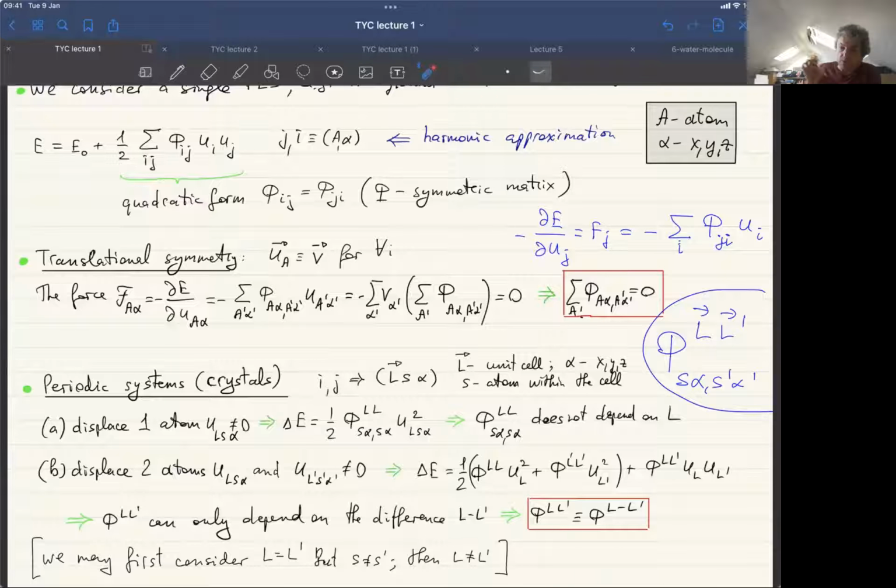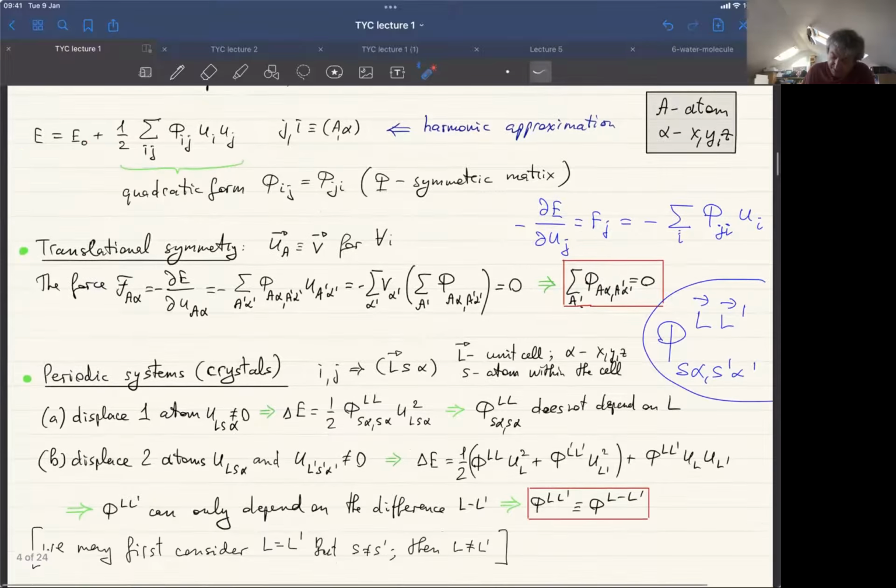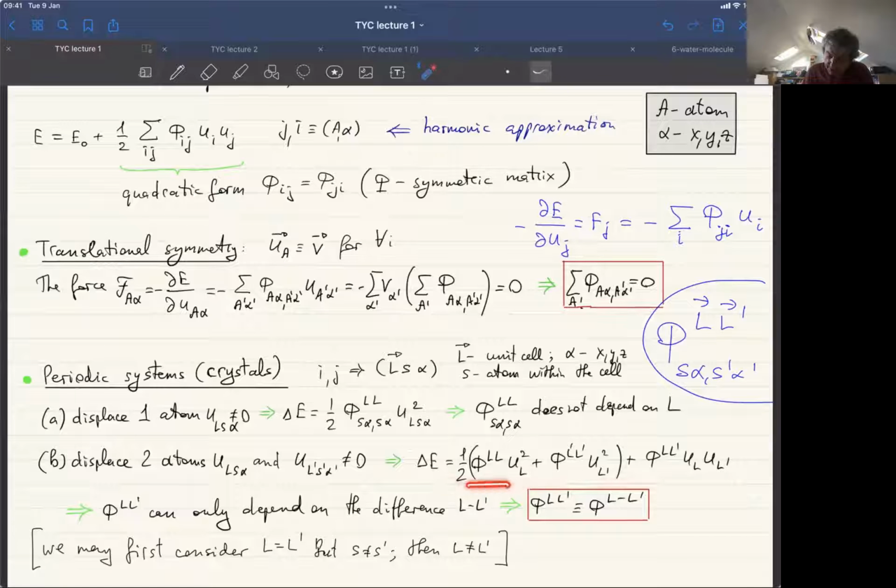This would imply that we have at least two atoms in the primitive unit cell. If we displace only two atoms, one in direction alpha, another in direction alpha prime, then we will have in this sum only three terms remaining: two diagonal terms and one off-diagonal term with respect to the S indices.